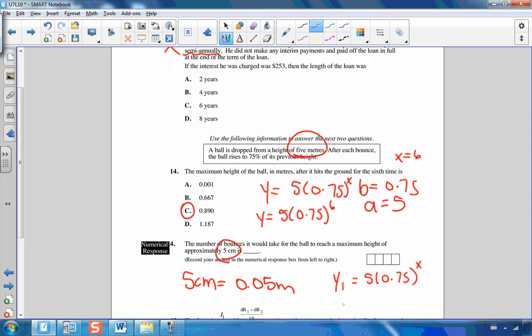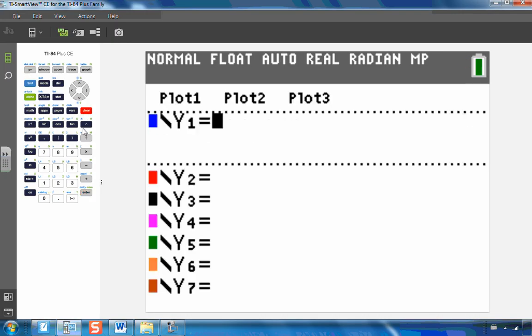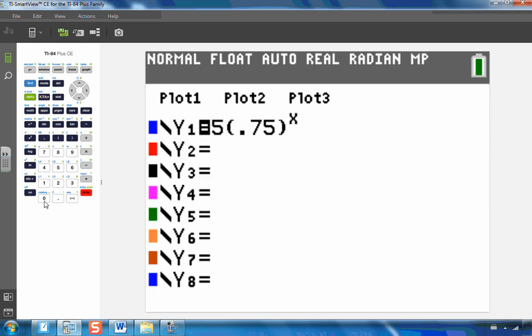in y1, and in y2 I'm going to have 0.05, and I'm going to use y1, y2 intersect to figure out the number of bounces. So let's go into our calculator, and in y1, let's clear that out. I'm going to put 5 times 0.75 to the x. And then in here, I'm going to put 0.05.